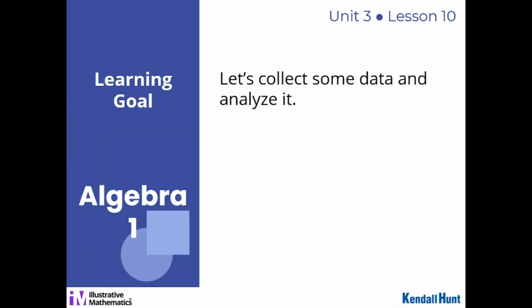The learning goal for this lesson is to collect some data and analyze it. In our practice problems, they're going to give us a situation and a table of values.